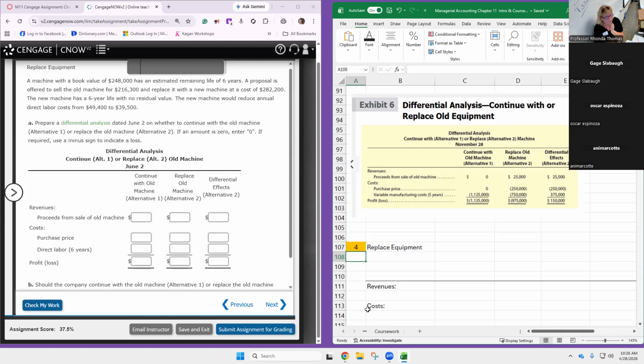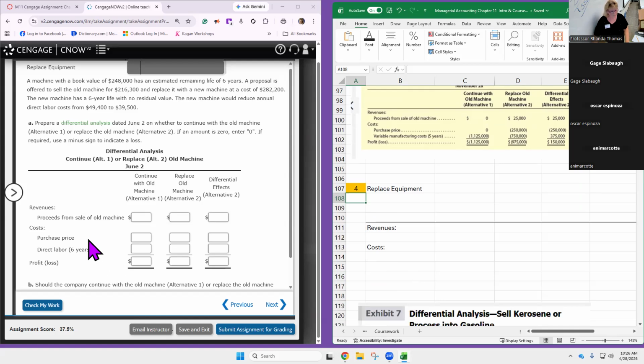I don't know, but that's what they're saying. The new machine would reduce annual direct labor costs. Okay, so this new machine is going to take the place of some direct labor hours, and it's going from 49,400 to 39,500. Okay, so let's go ahead and put this information in.